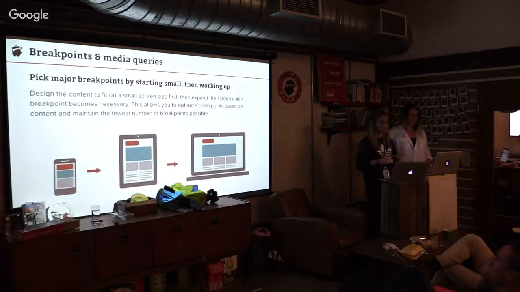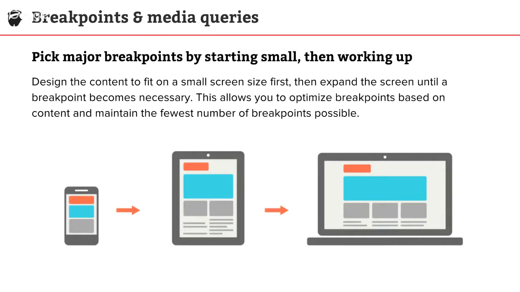You can either start, as we said, from a small screen and enhance the experience until a breakpoint is necessary. And this is a really good way to optimize your content and also the number of breakpoints possible. So this is one way to use breakpoints.